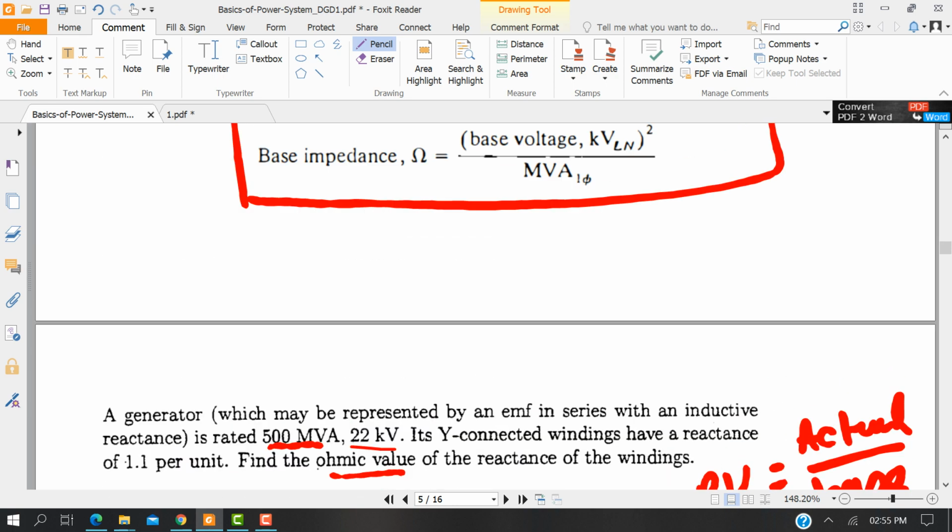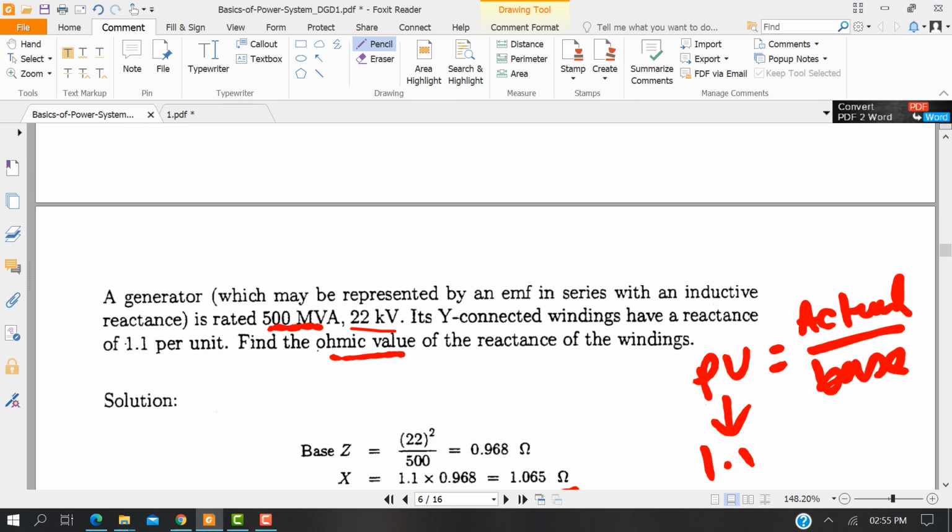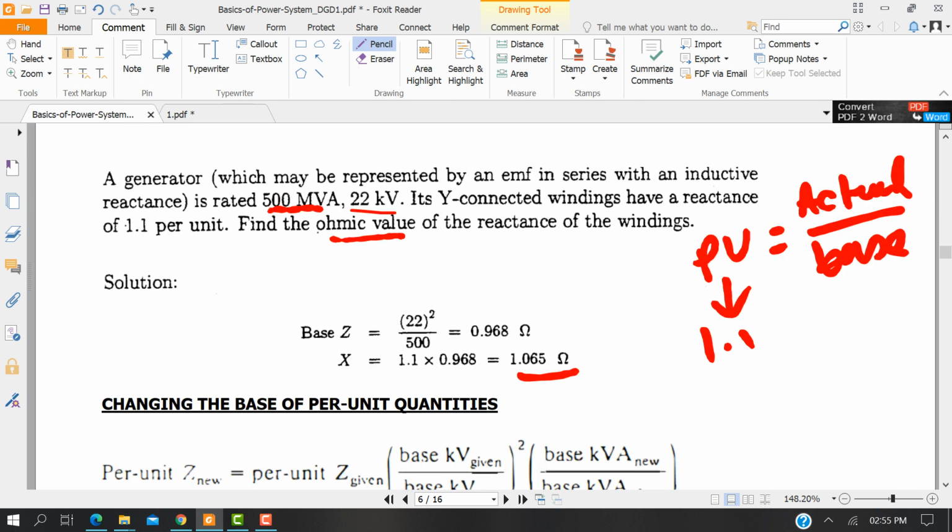So why do we need to introduce the per unit component? In a power system we use different kinds of devices like generators, transformers, different types of loads, and switchgear. Every circuit breaker and every element has a different rating.